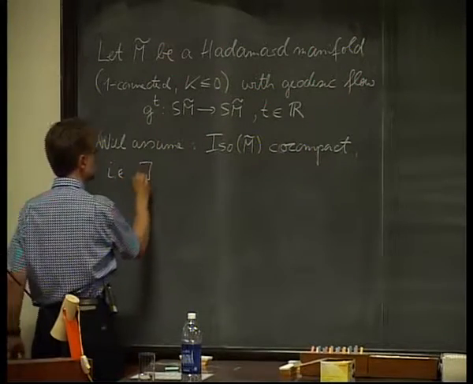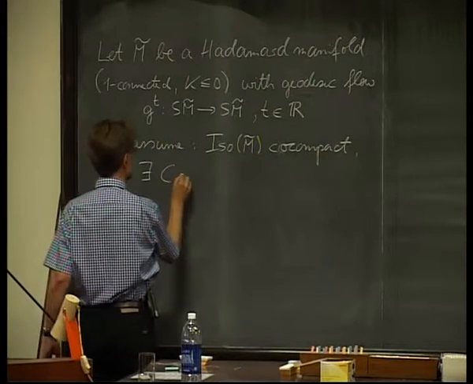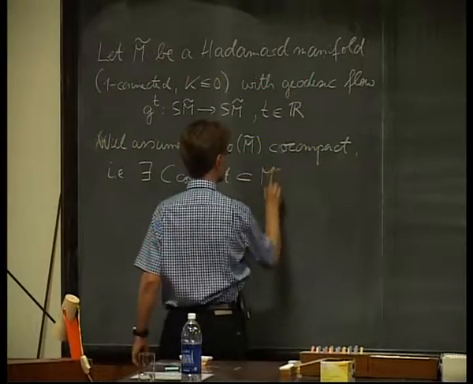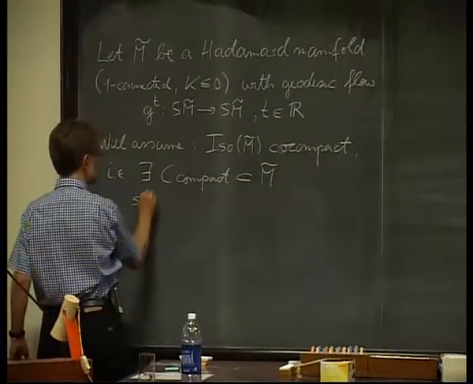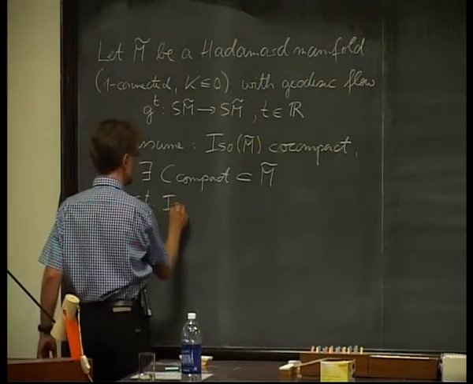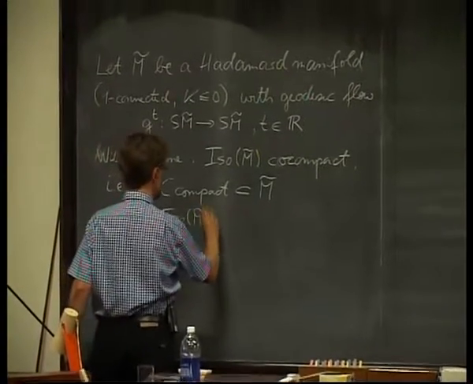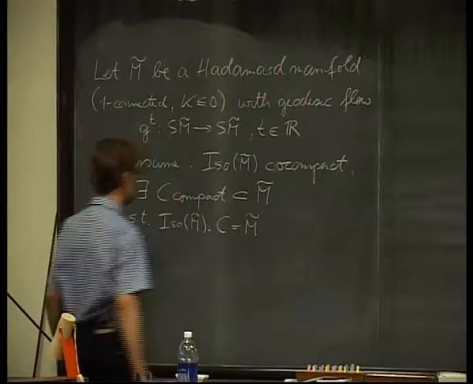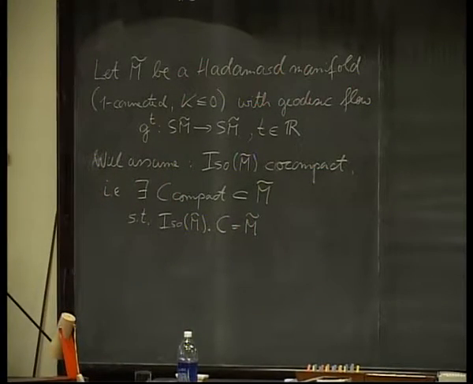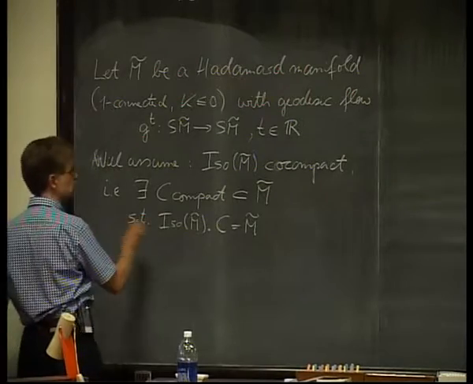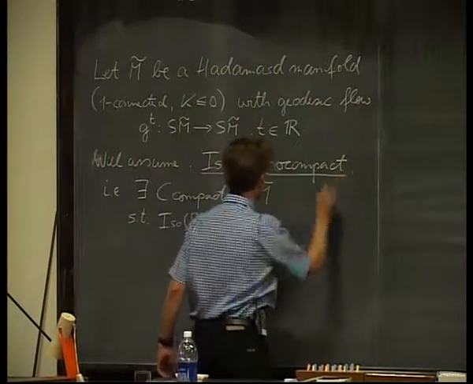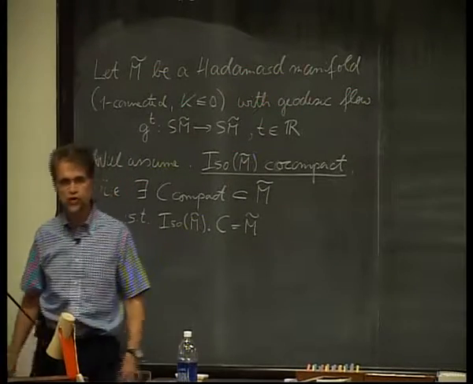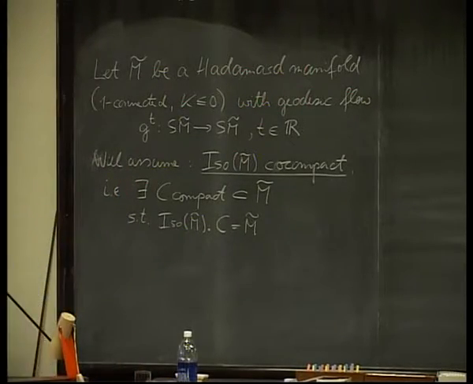That is, there exists a compact subset of M tilde such that if I move it around with all isometries I have, M tilde is completely covered. And I will try to obtain some structural results about which groups can occur.